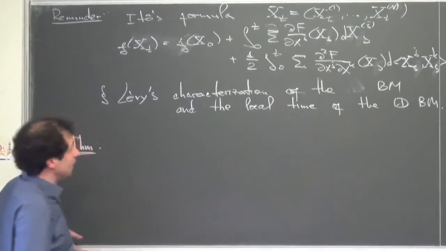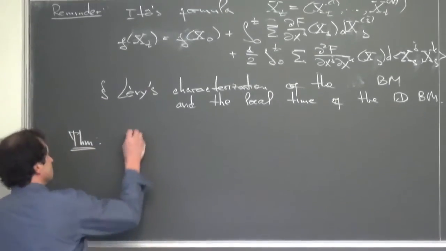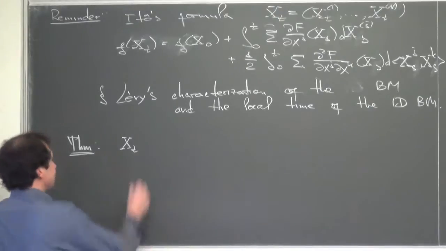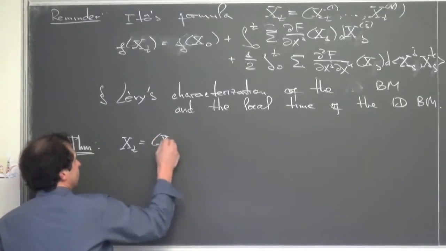Theorem says the following. Assume we have a martingale, which is again vector valued.